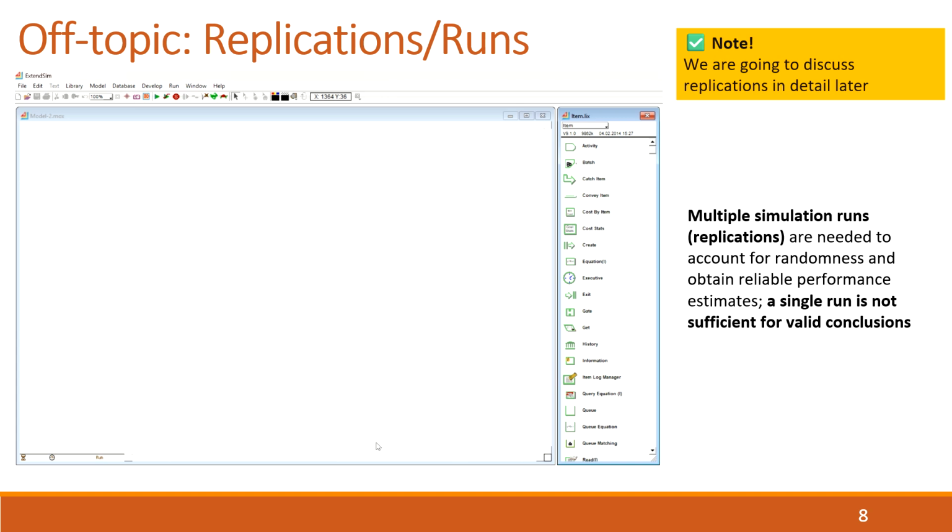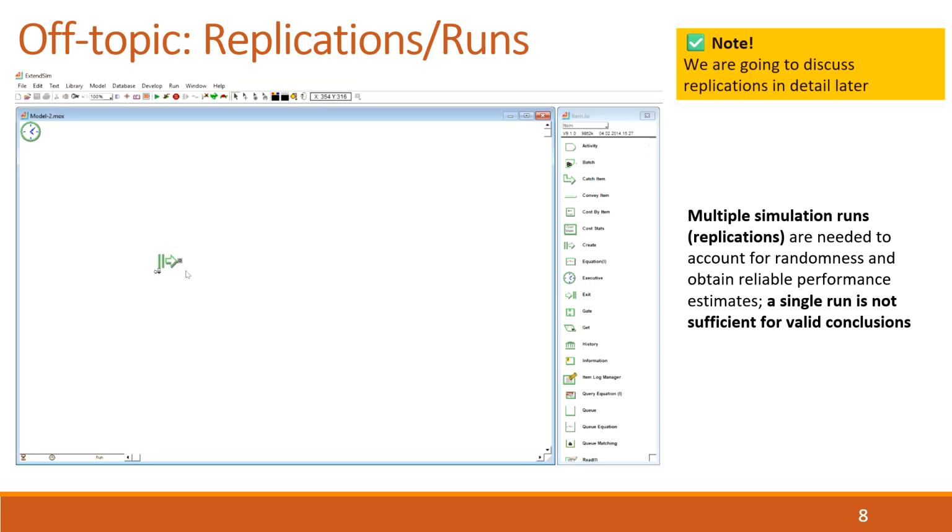Okay guys, just to demonstrate the concept of runs and replications, I'm going to construct a very simple model, and show you why we actually need runs and replications. I'm starting with putting the executive block, which, as you probably learned, is an obligatory element.